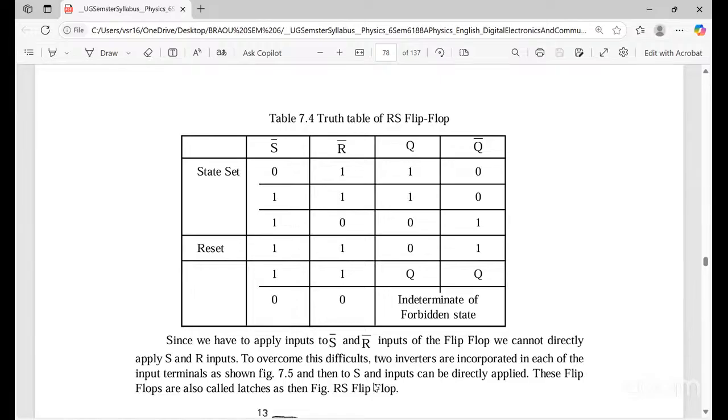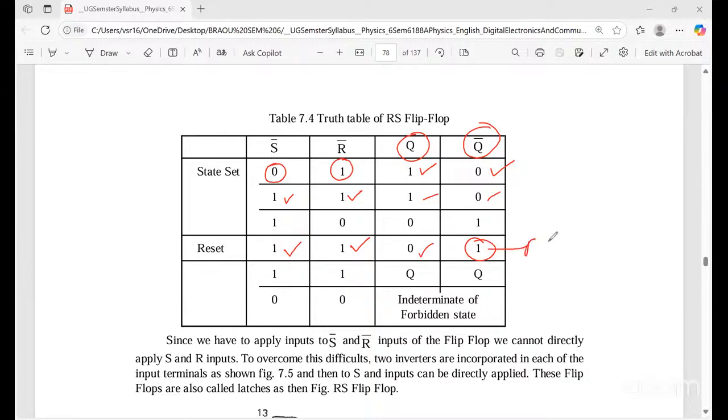Which one is the set state? If input is 0, 1. 0, 1 means Q is 1, Q bar is 0. Next, both the 1 1 is there. If 1 1 is there, here you can see in reset state 1 1, Q is 0, Q bar is 1.